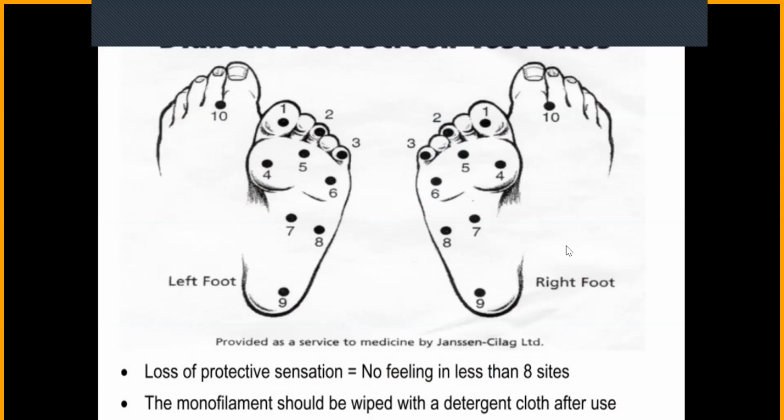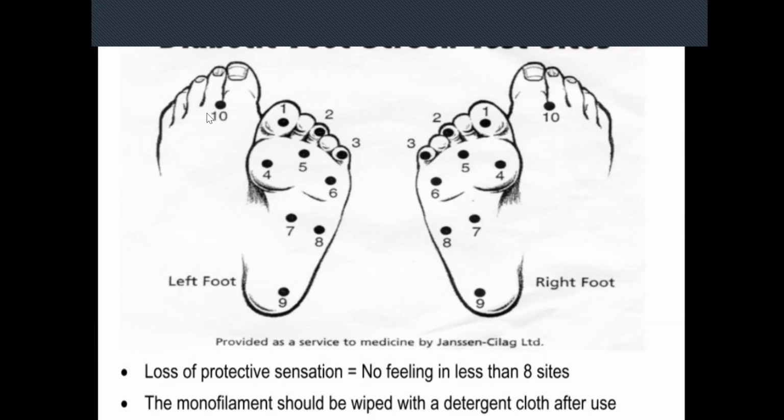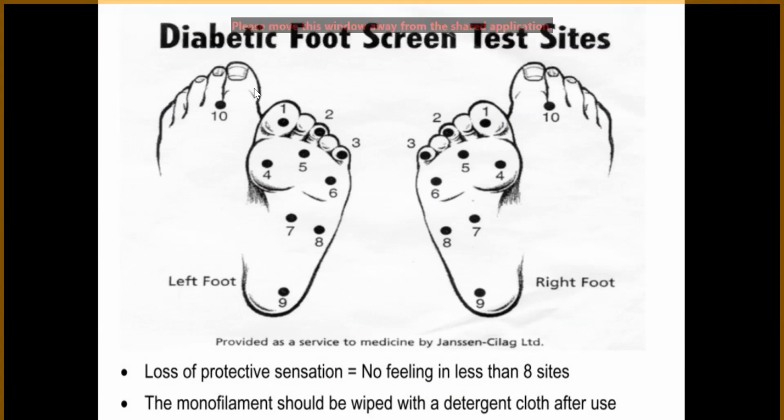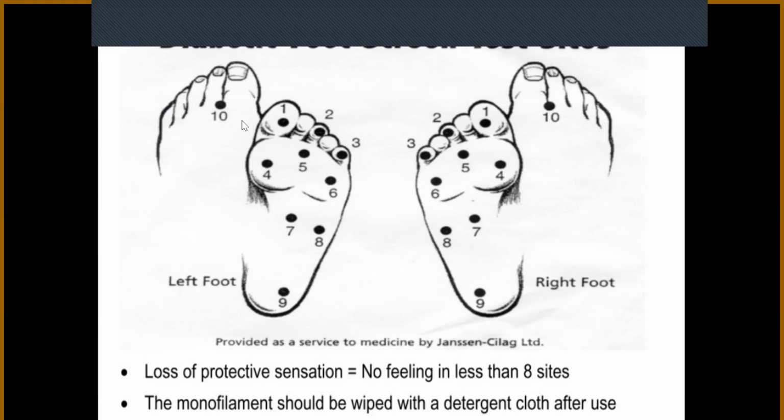This is monofilament testing for diabetic foot ulcer. You have to check these 10 points starting from 1, 2, 3 and 8, 9, 10. And out of these 10 points, you have to check whether in minimum 8 points there is sensation or not. The size of monofilament is 10 gram.